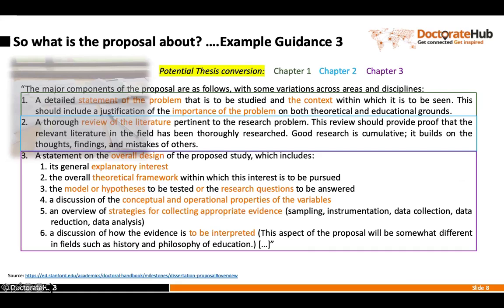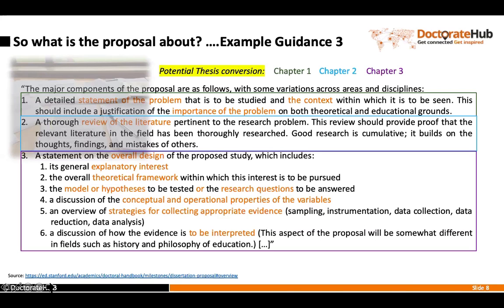Now, some of the sources provided an even more detailed view of what the thesis proposal shall be covering, like here in the 3rd point, a statement on the overall design, explanatory interest, theoretical framing, model or hypothesis to be tested. If we talk about quantitative studies, that might be the case, or rather the more broad research questions to be answered if we talk about qualitative studies.